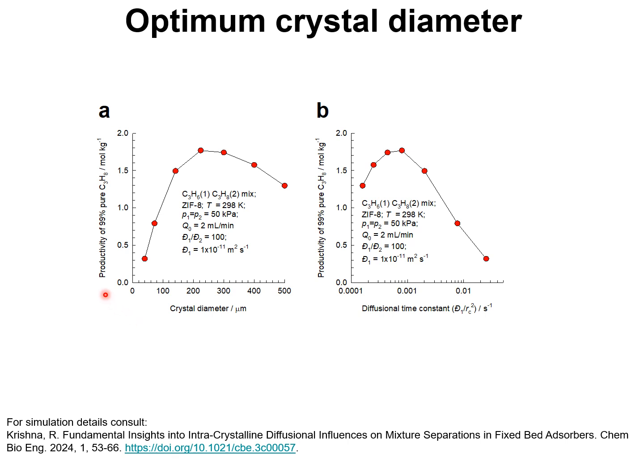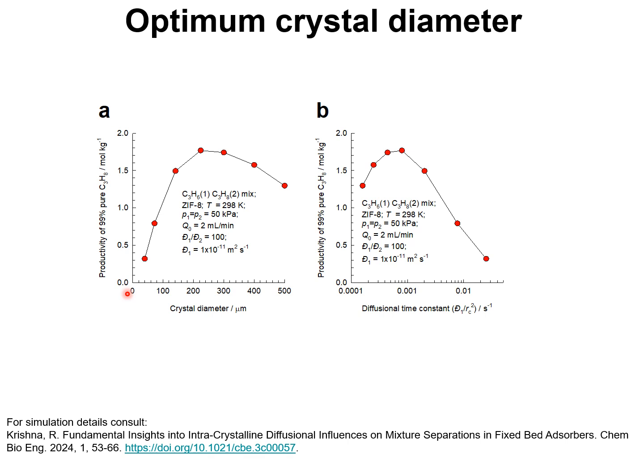To do this, we conducted a series of simulations with different crystal sizes, including the 4 sets I discussed earlier, and a few more with increasing crystal diameters. The productivity of purified propene in the adsorption cycle with a purity of 99% plus is determined from the simulation data.